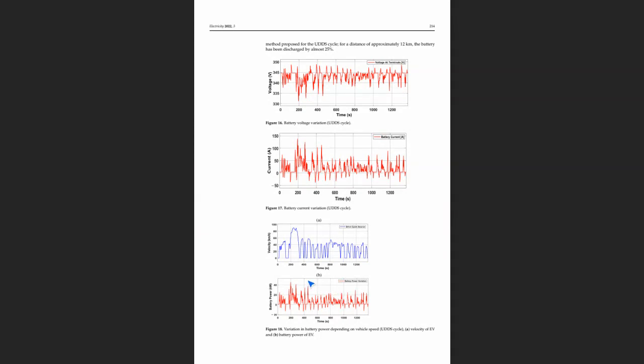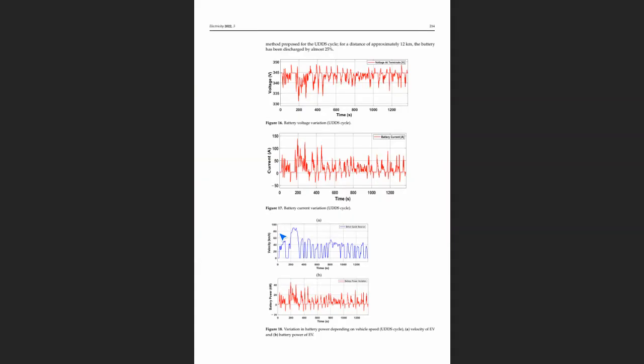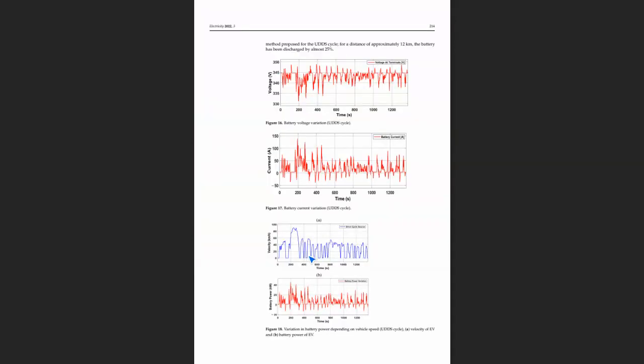Also, second one, third one, velocity. You will show me your vehicle velocity variation. Actually, it depends on your drive cycle. But you have a PI controller. You have a reference.